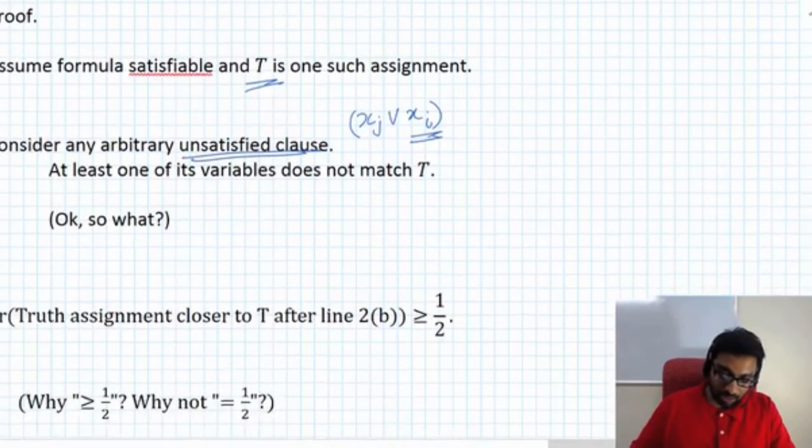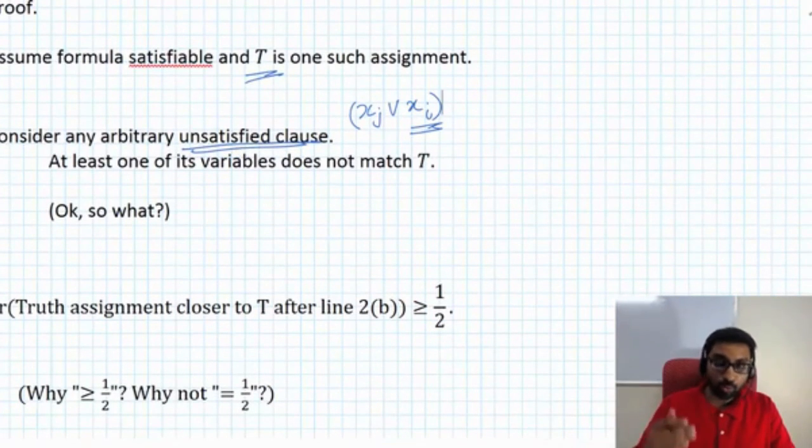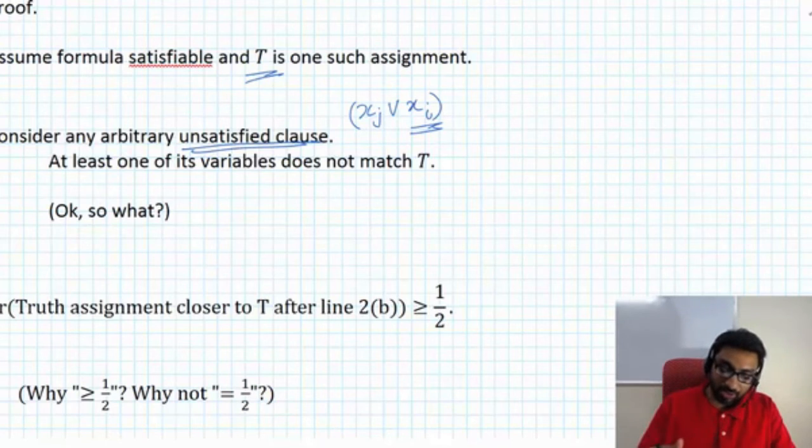Of course, it's also possible that both xi and xj current assignments are different from the assignment in T, in which case this probability actually becomes 1.